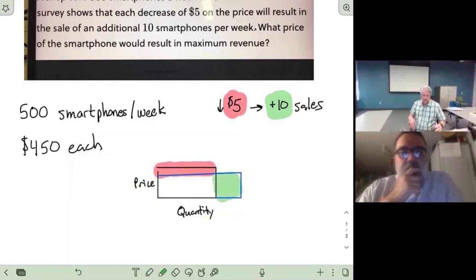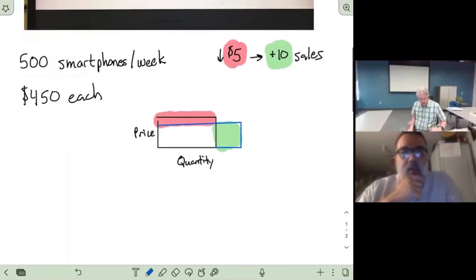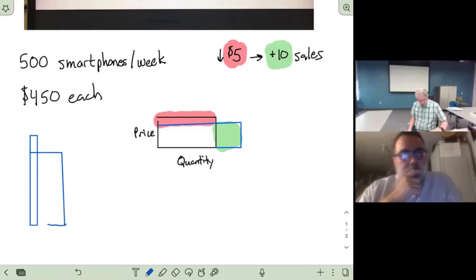If you had a really, really high price and you were selling hardly anything at all, and you lowered the price a little bit, you're going to get a big payoff, right? So at low prices, whatever low means, there's the big payoff right there.